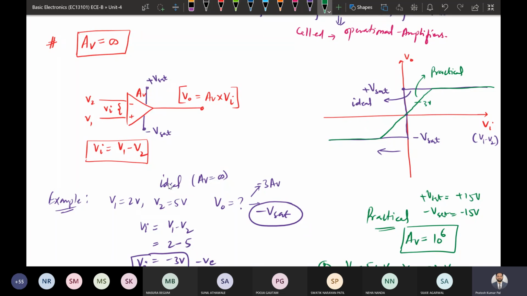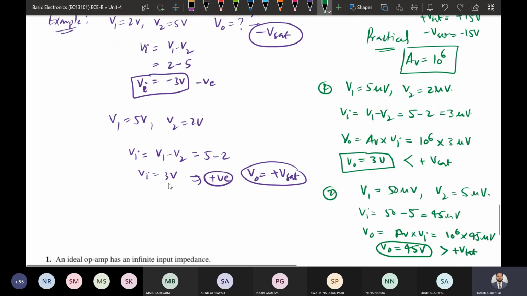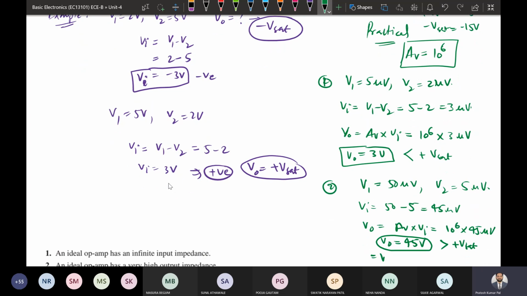So in that case the output will not be equal to plus 45 volt, the output voltage will be equal to plus V sat, and plus V sat is plus 15 volt. So the output voltage will be plus 15 volt. So this is the concept that we can get from the input output relation curve, in the case of the practical and ideal case. Okay.